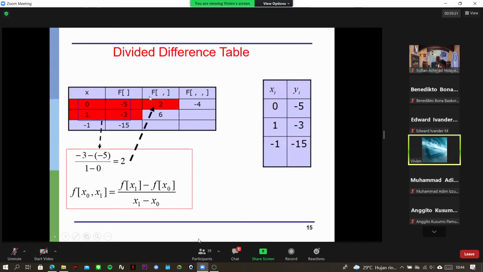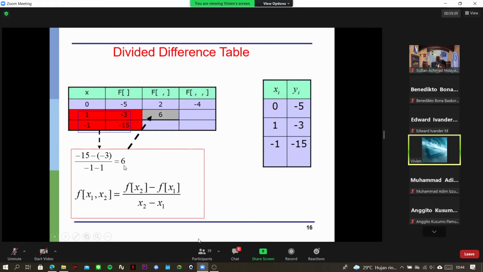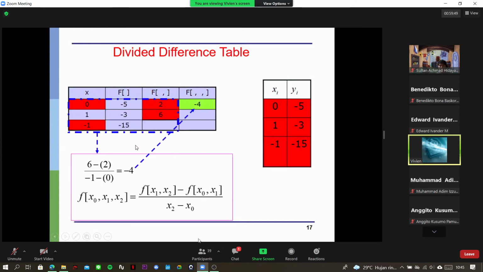How to get 2: minus 3 minus minus 5 divided by 1 minus 0, so that will be 2. Again, the second row, minus 15 minus minus 3 divided by minus 1 minus 1, so that will be 6. And the last column, we have 6 minus 2 divided by minus 1 minus 0, so that will be minus 4.